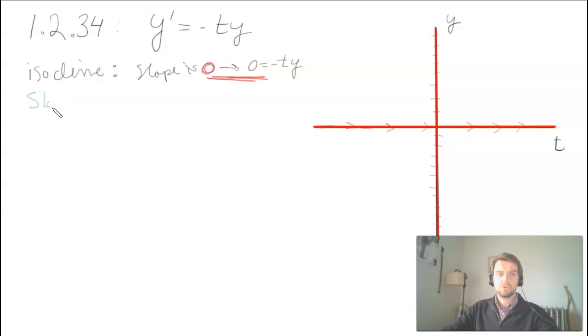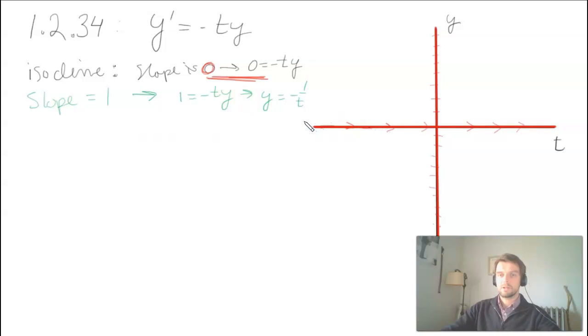What about where the slope is equal to positive 1? Well, this would occur when 1 is equal to negative ty, or you could write this as y is equal to negative 1 over t. So this right here is one of those hyperbolas. So if y is positive, t is negative, and it's vertically asymptotic when t goes to 0, and horizontally asymptotic when t goes to negative infinity.